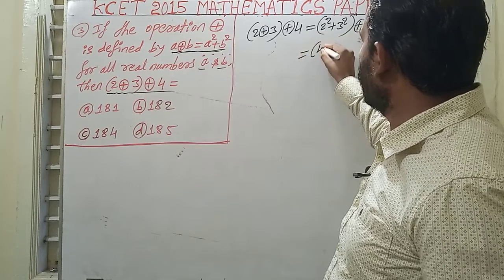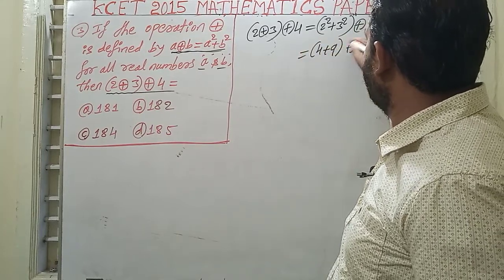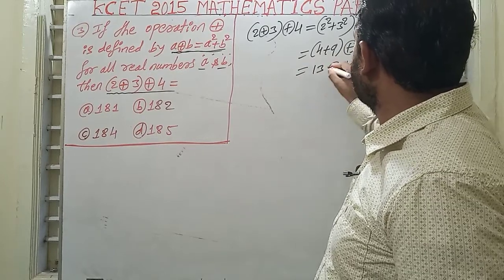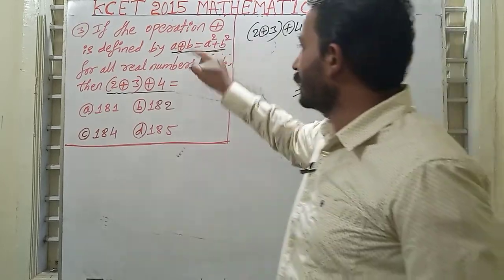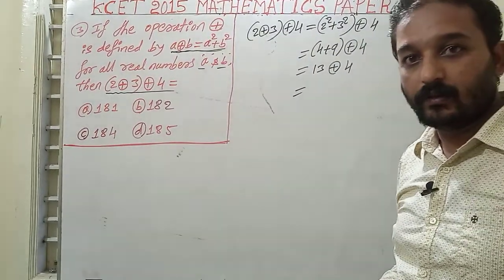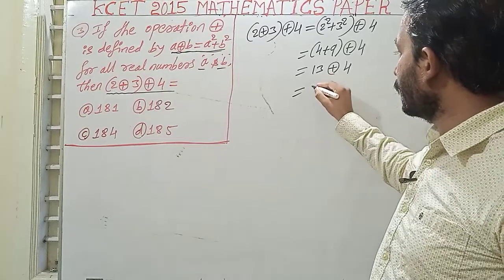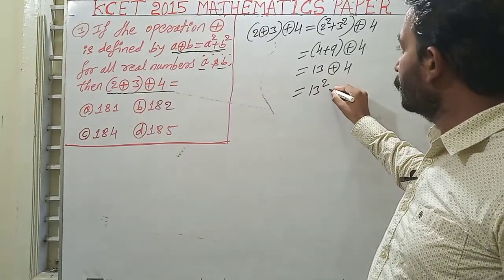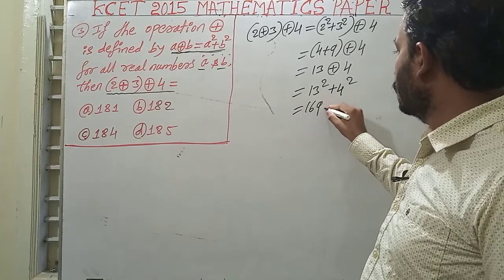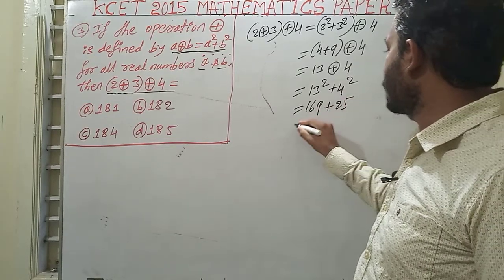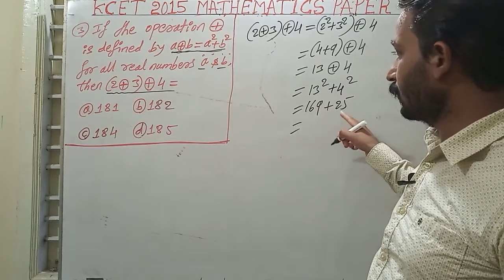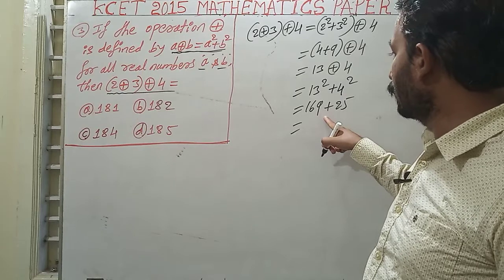So 2 square is 4, plus 3 square 9, plus 4. 9 plus 4 is 13, plus 4. So here once again apply this condition: 13 plus 4 is nothing but 13 square plus 4 square. So 13 square is 169, plus 4 square 25. 169 plus 25 is nothing but 184.